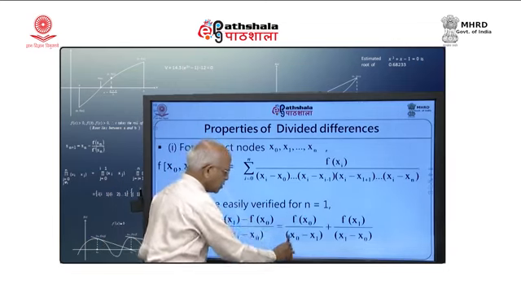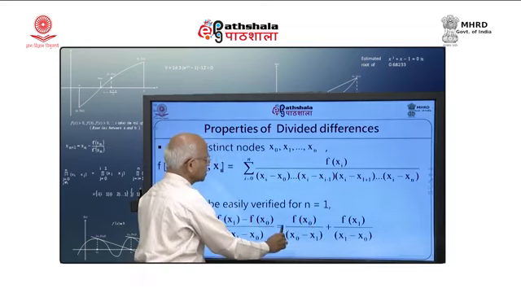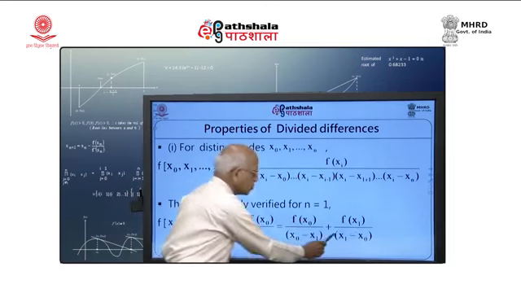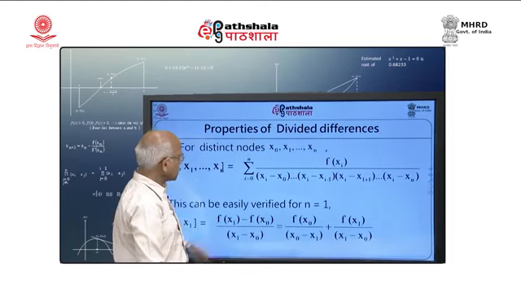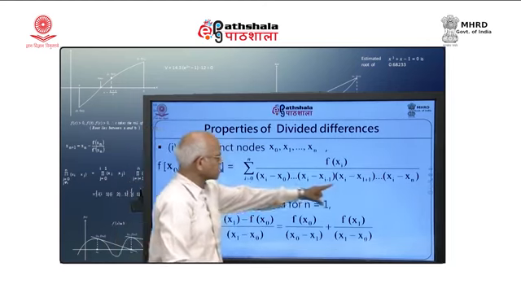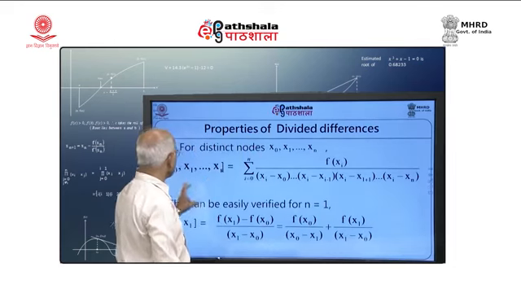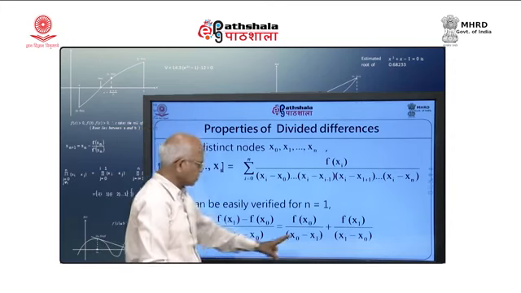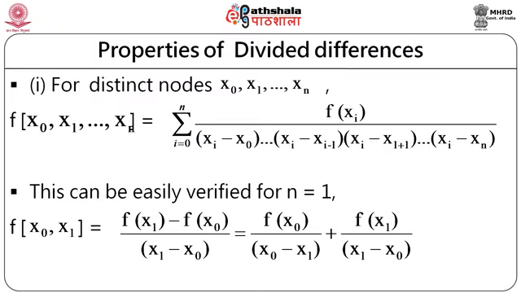So, f x 0 upon x 0 minus x 1, plus f x 1 upon x 1 minus x 0. These are the n factors, because I am talking about nth order difference. Because I am talking about first order difference, there is only one factor in the denominator. So, this result can be proved for n equal to 1.